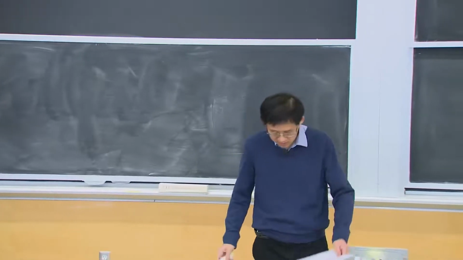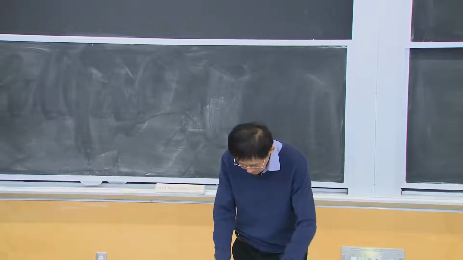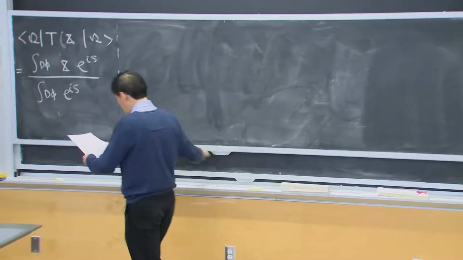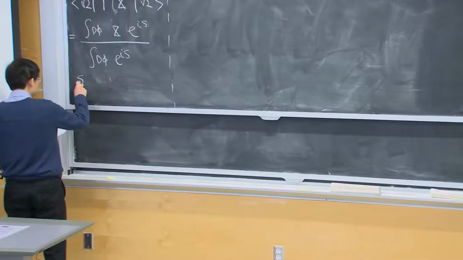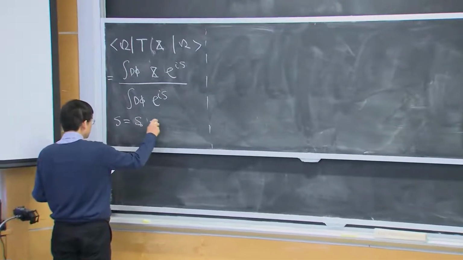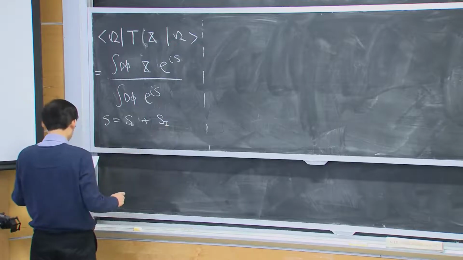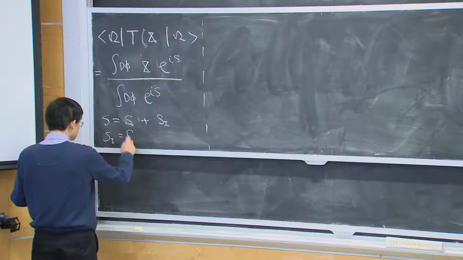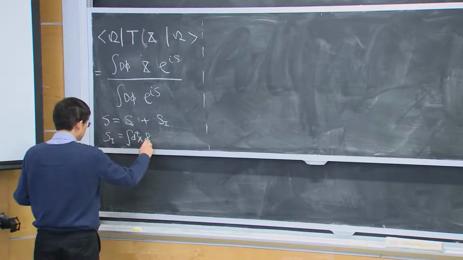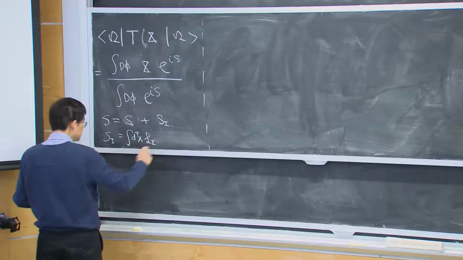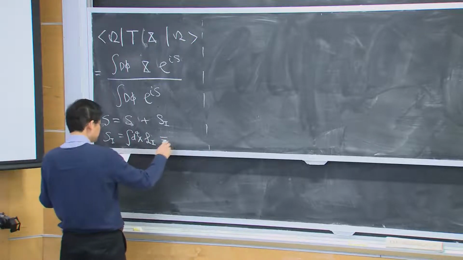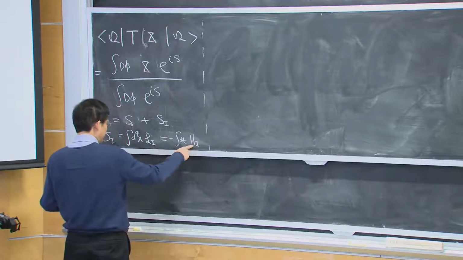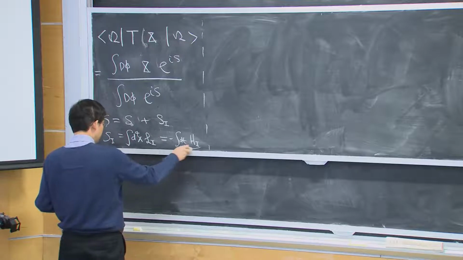So now we can apply this to an interacting theory. For the interacting theory, we write the action S to be the free theory action plus the interaction part. The interaction part in turn can be written as the integration over the interaction part of the Lagrangian density, and it's also the same as minus the interacting part of the Hamiltonian integrated over time.